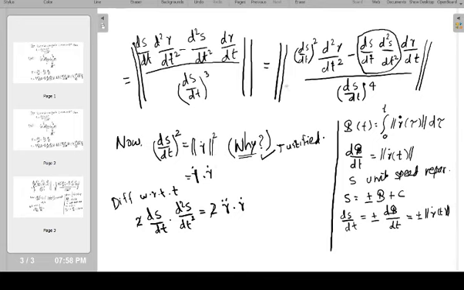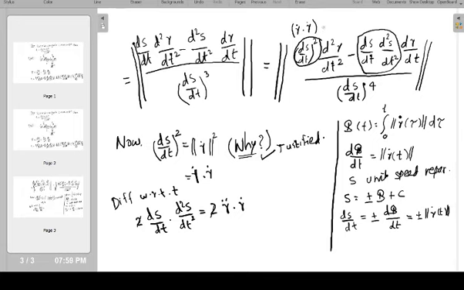This also we can substitute. ds by dt the whole square is gamma dot inner product with the gamma dot from here, and d square gamma by dt square, keep as it is.